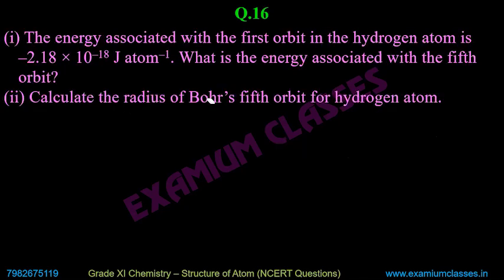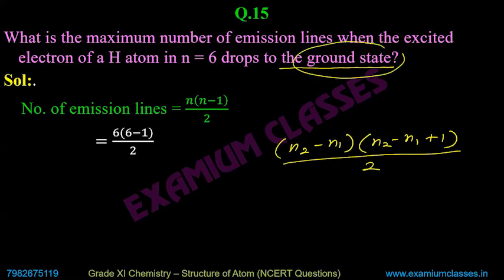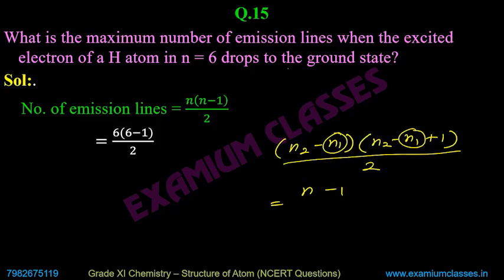You will get the same formula if you have n1 as 1, because the ground state for hydrogen is 1. Then n2 is n, so n minus 1 divided by n minus 1 plus 1 divided by 2.